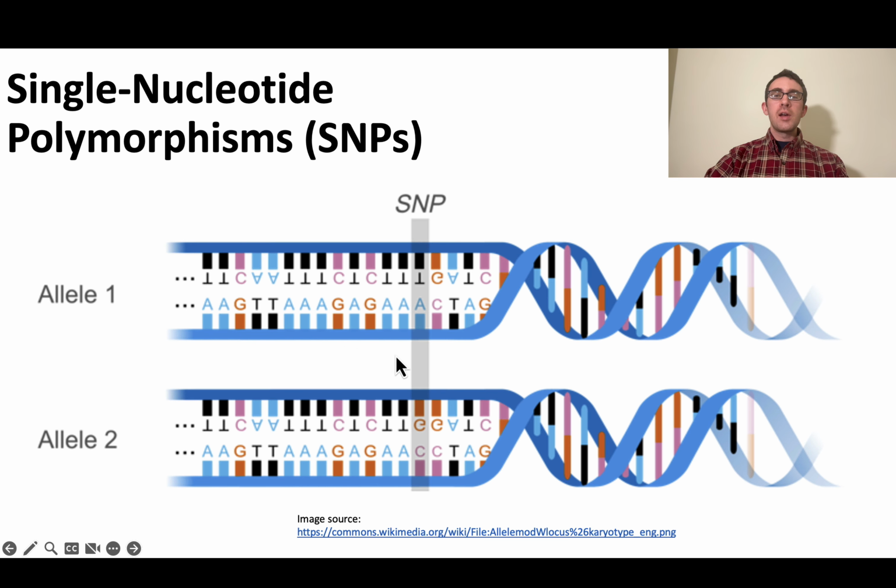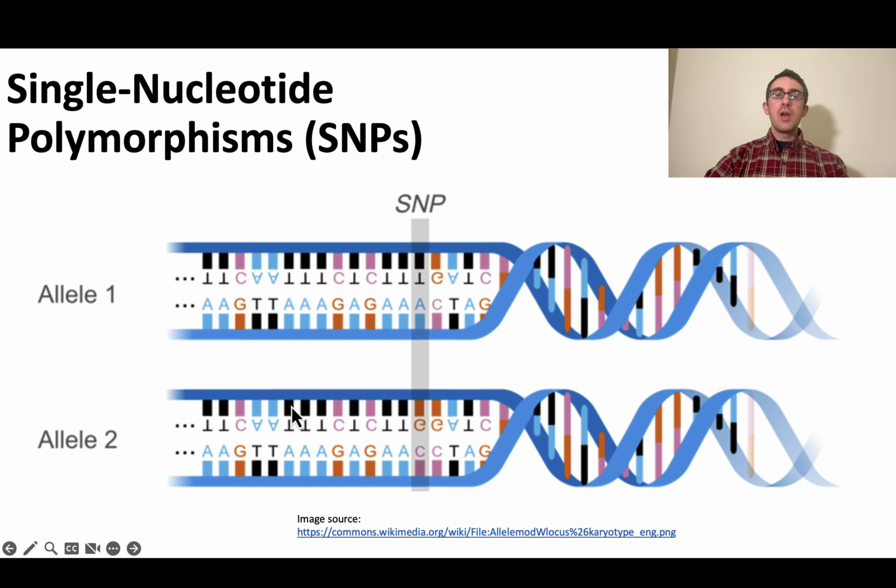So this whole chromosome here with its 2 complementary strands is one of the 2 chromosomes, and the other chromosome over here is the other. Talking about a SNP is talking about a coordinate in the DNA where there could be more than one possible letter.